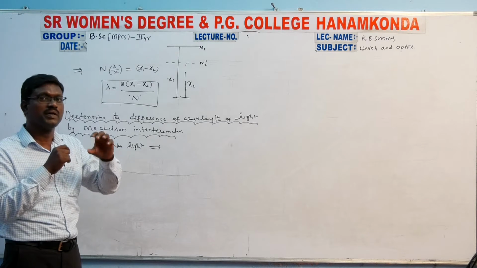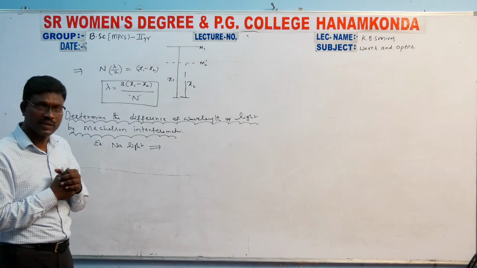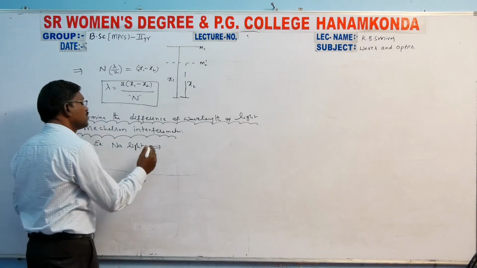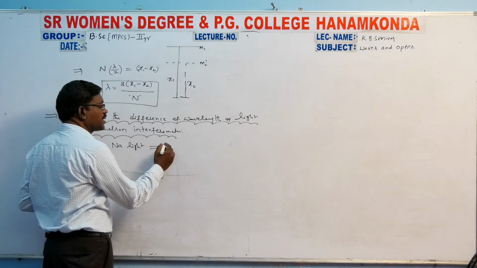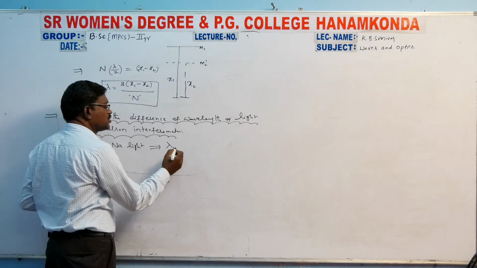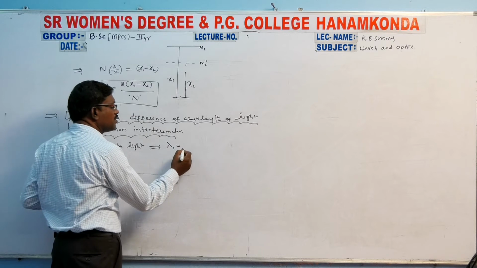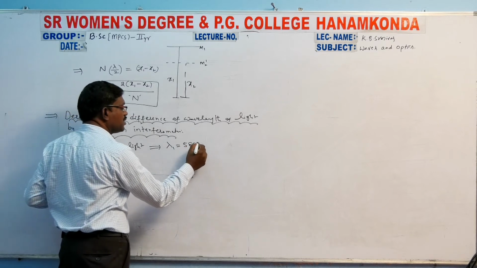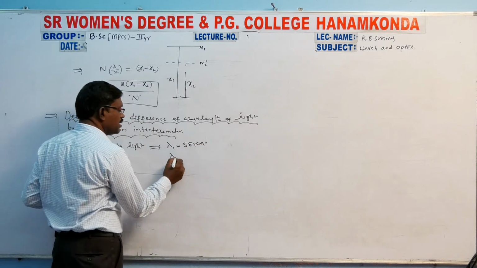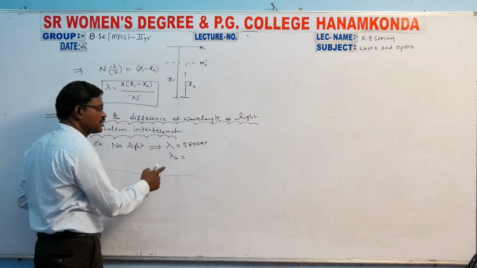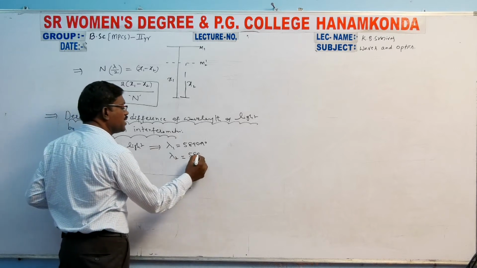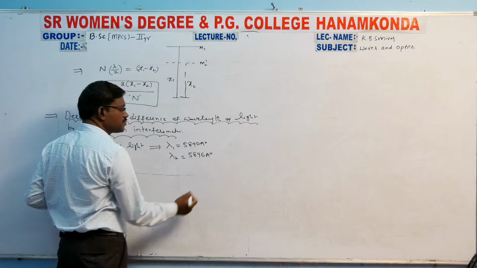But if you observe with a powerful spectrometer, you can see two lines in that spectrum. The wavelength of one line is 5890 angstrom, and the wavelength of the second line is 5896 angstrom.